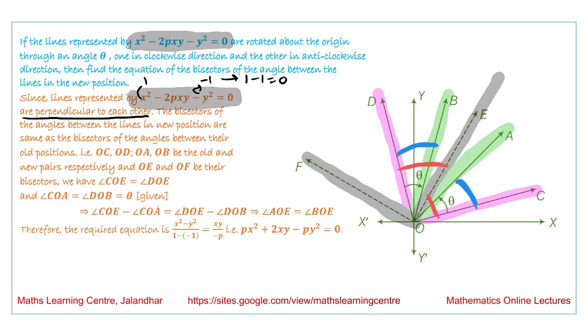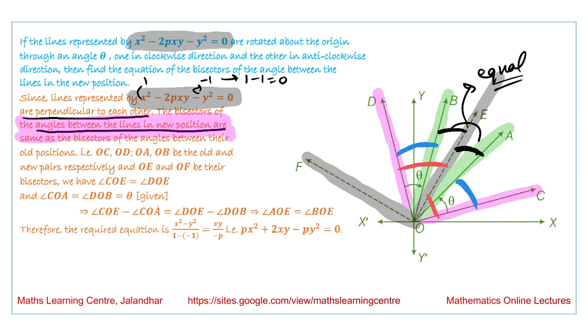Now if we subtract these values, we obtain that angle AOE is equal to angle BOE, so both these angles are equal to each other. So what we can say from this result is that the bisector of the angle between the lines in the new position is the same as the bisector of the angle between their old positions.